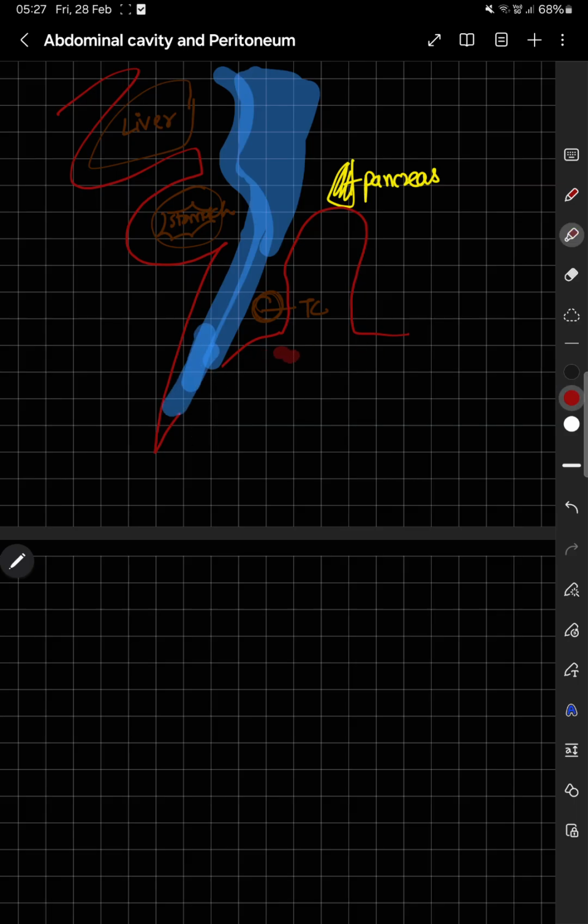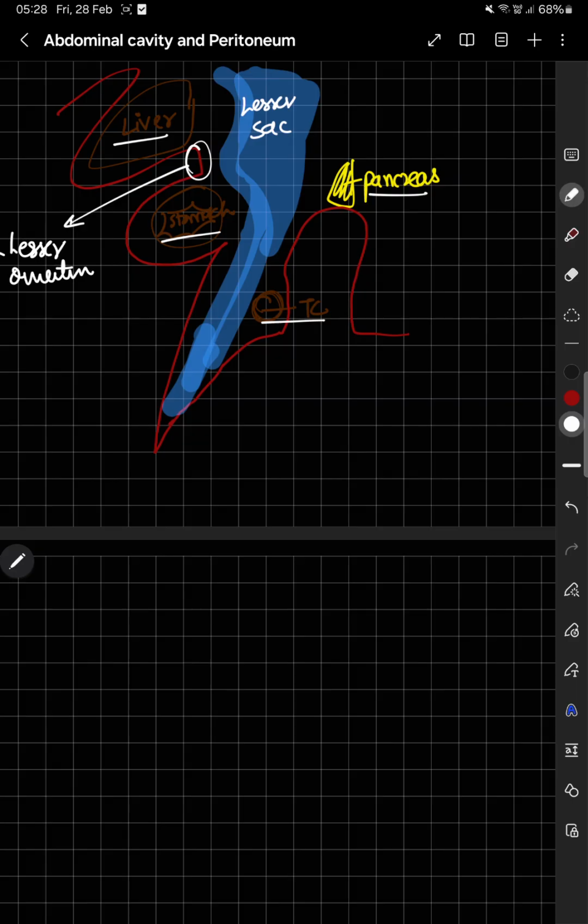So this whole blue thing is our lesser sac. First we have the liver, stomach, transverse colon and pancreas, and this is our lesser sac. Between the liver and stomach we have our lesser omentum. This whole part is the greater omentum because these are the anterior two layers.